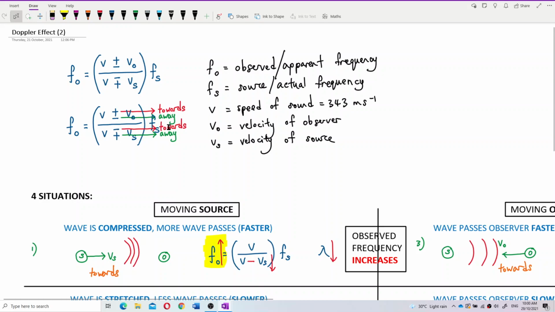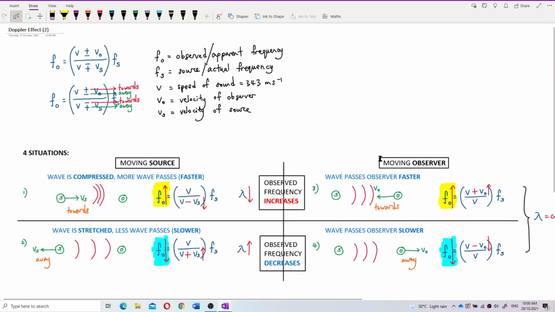Knowing when to put positive and when to put negative seems confusing, but there is one easy way, based on concept, to help you identify the sign for the speed of observer and speed of source. This concept is very easy for us to determine.